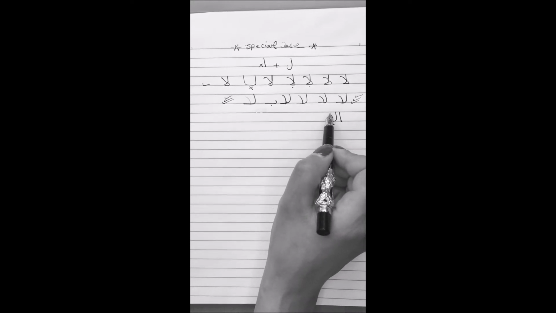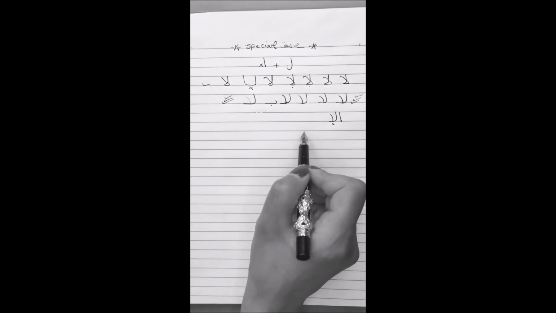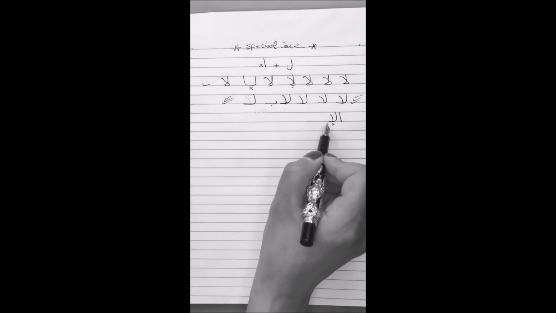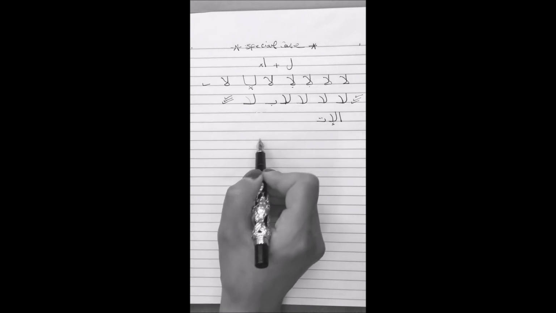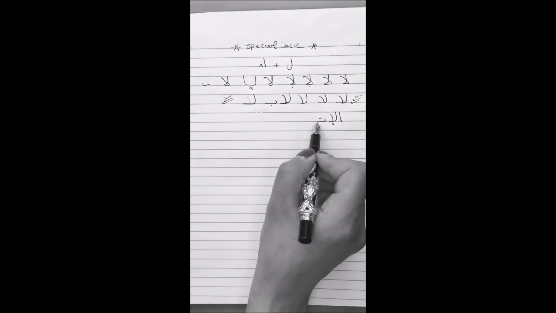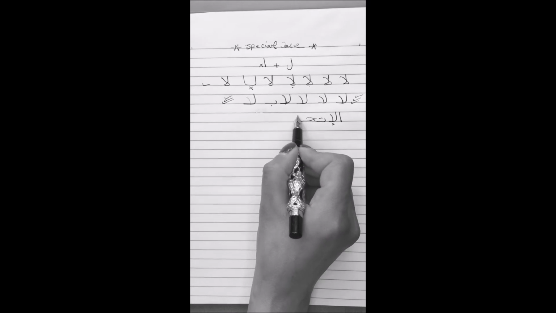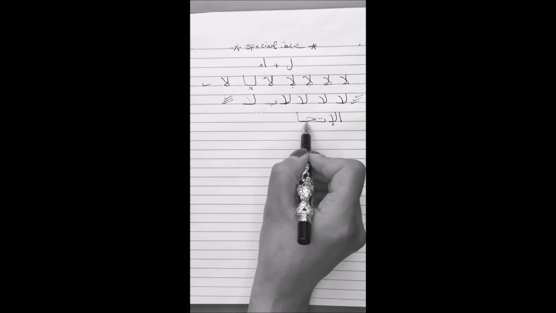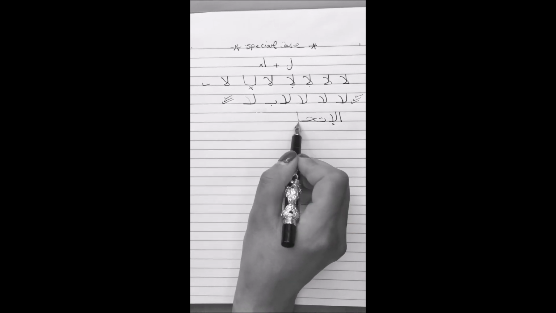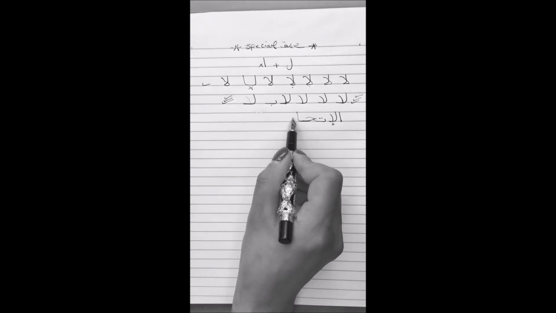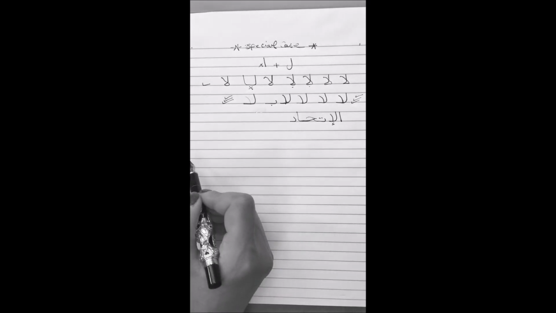No, because the alif is my last letter so far. So I'm going to leave a milli and write my ta. And then elevate. Here is the ha. Land on the line, straight up for the alif. Now the alif also is unsocial. I leave 1 milli, and here is the dal.